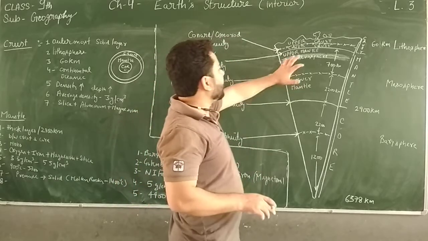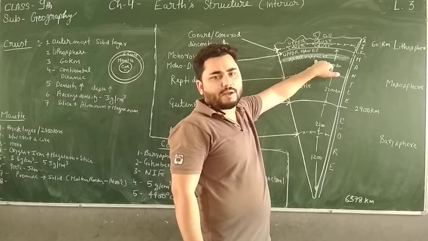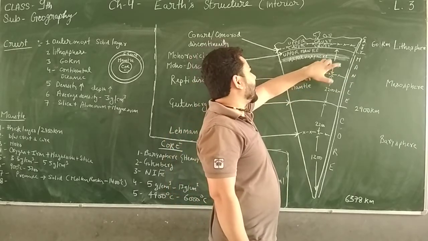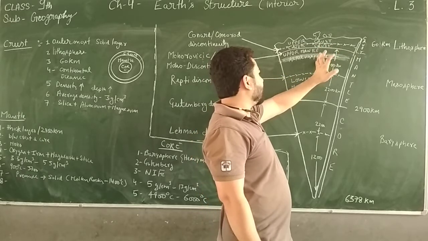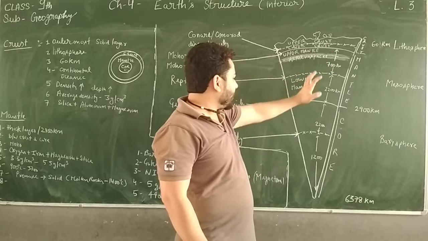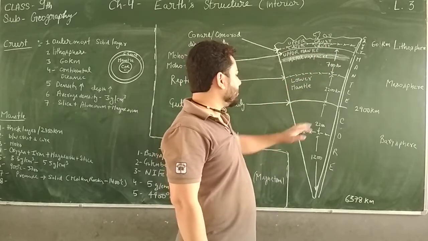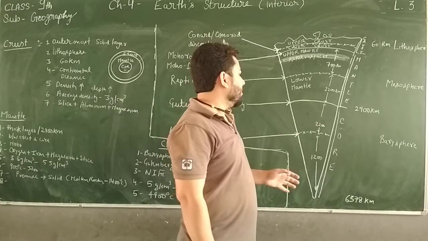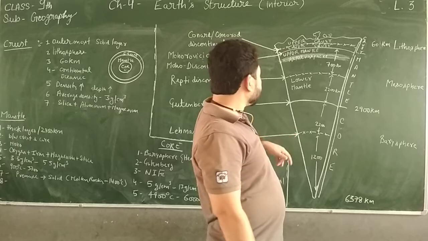Still asthenosphere behaves like solid, and that is the reason that secondary waves are able to pass through this. Even though these are in the molten state, secondary waves pass through it until the core. Whereas at the upper core, which behaves like liquid, they are not able to pass.